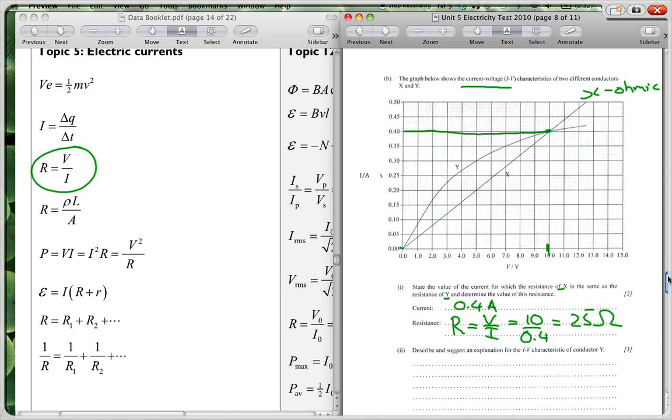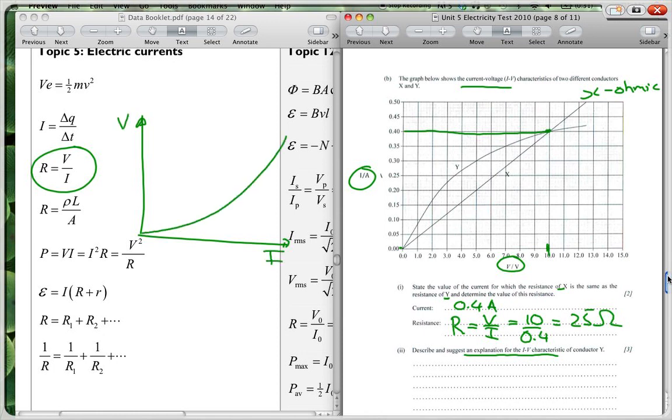Then it says, describe and suggest an explanation for the IV characteristics of the conductor. Now, this is I against V. So if I redrew that to V against I, we would get something like that.